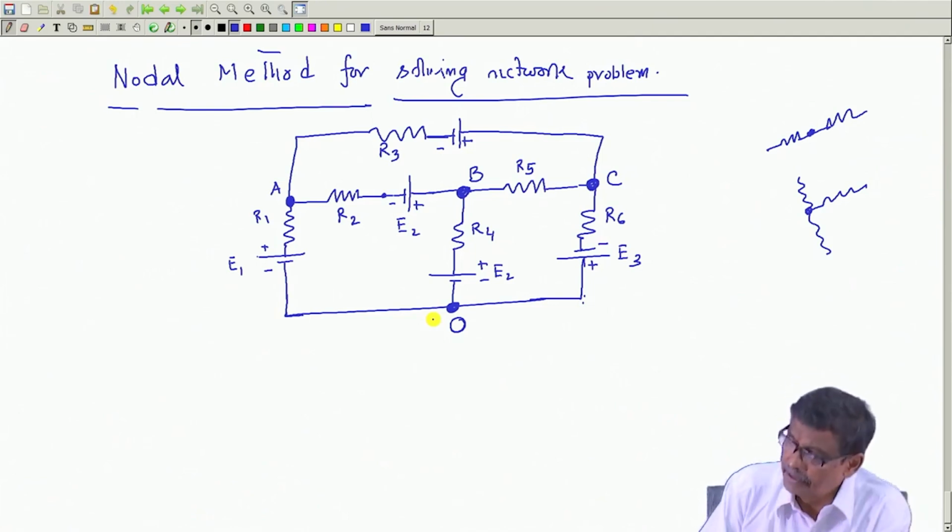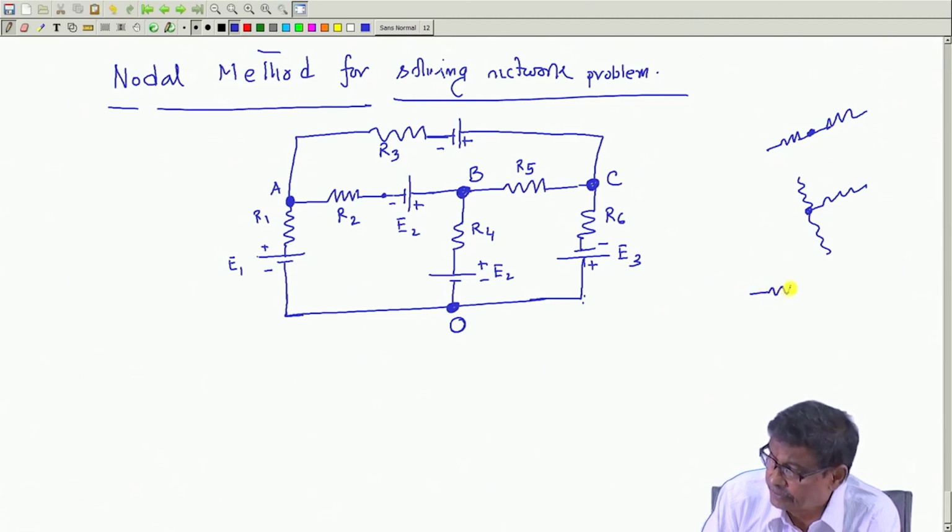For example, if you have a resistance R, first let us try to understand. This is R, these are points A and B in general.